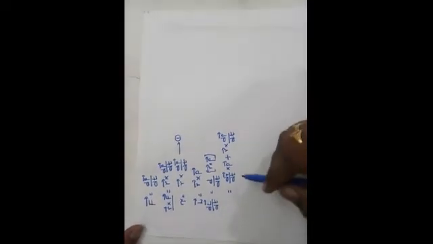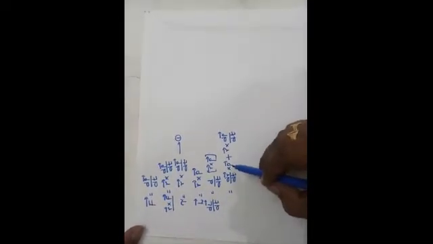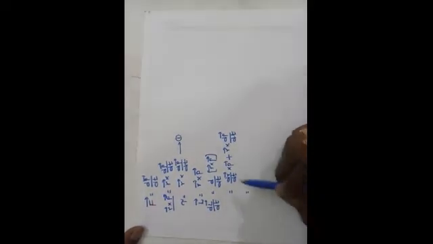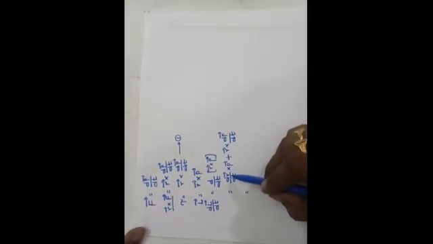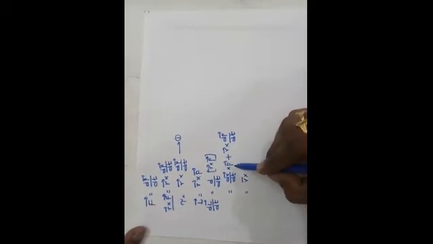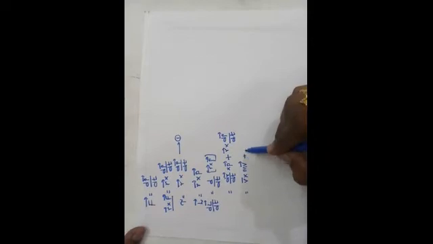Now dr by dt is nothing but the rate of change of displacement, which is called velocity. Then we can write v bar cross p, where p is the linear momentum, m v bar, plus r bar cross dp bar by dt.